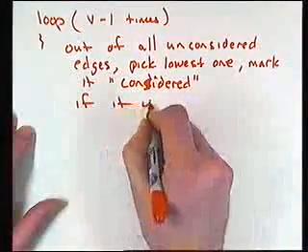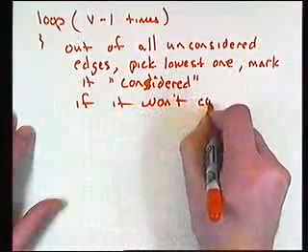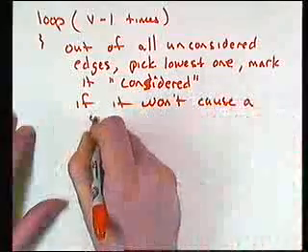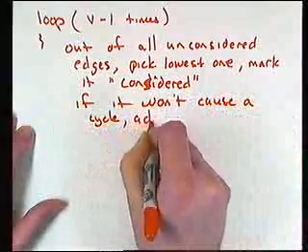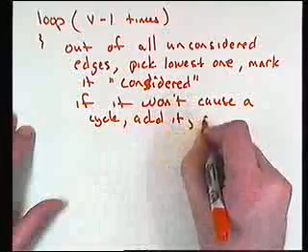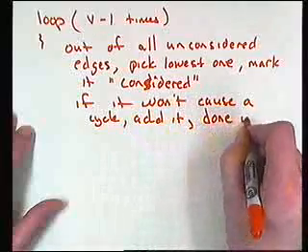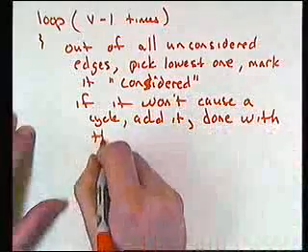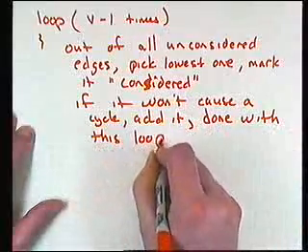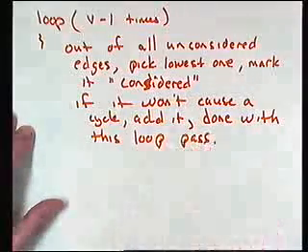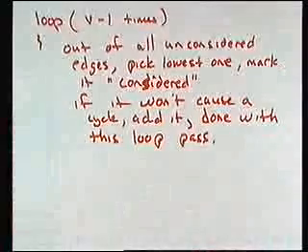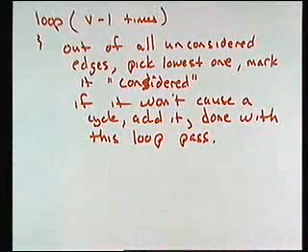If it won't cause a cycle, if we add it, and we're done with this loop pass. So if the edge we're considering can be safely added, then we'll go ahead and add it, and we're done with one pass of the loop.